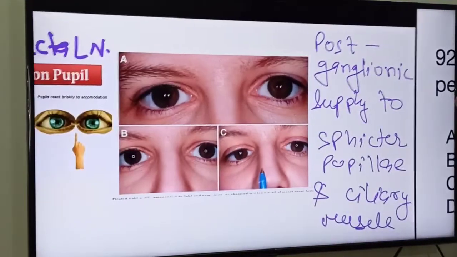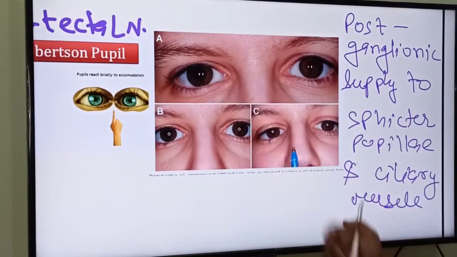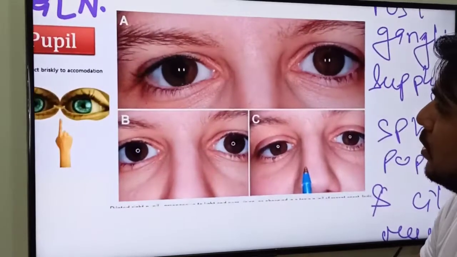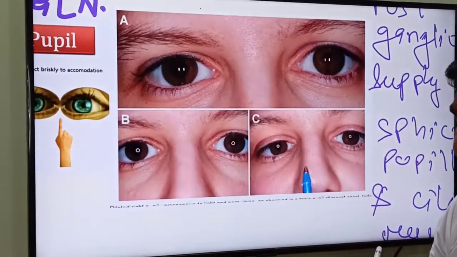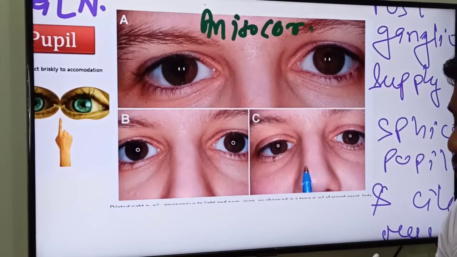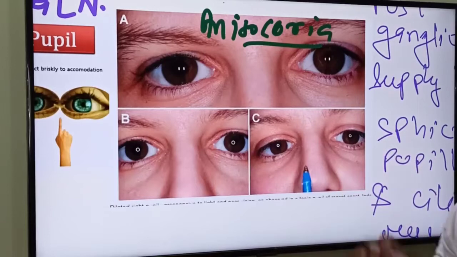Can you see here? This is anisocoria, because this pupil is dilated compared to the normal.